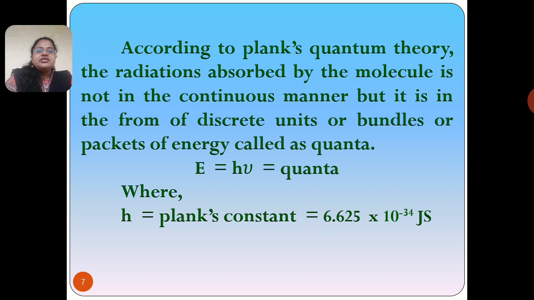The value of one quanta is E equal to h nu, where h is Planck's constant and its value is 6.625 into 10 raised to minus 34 joule second.